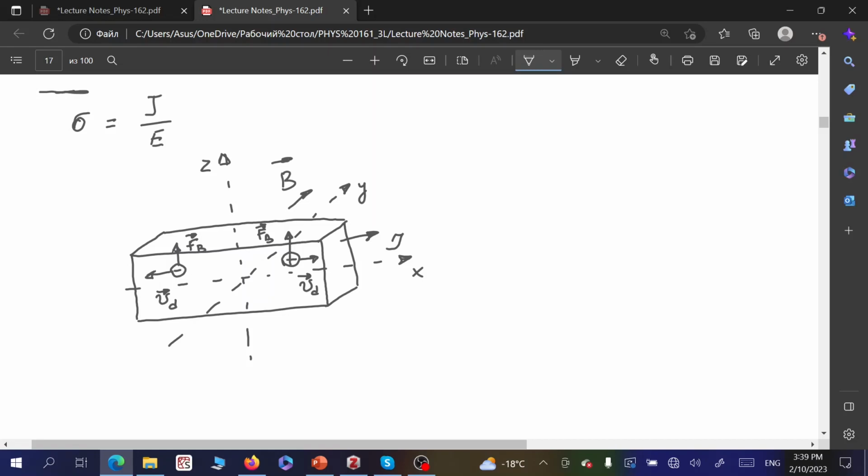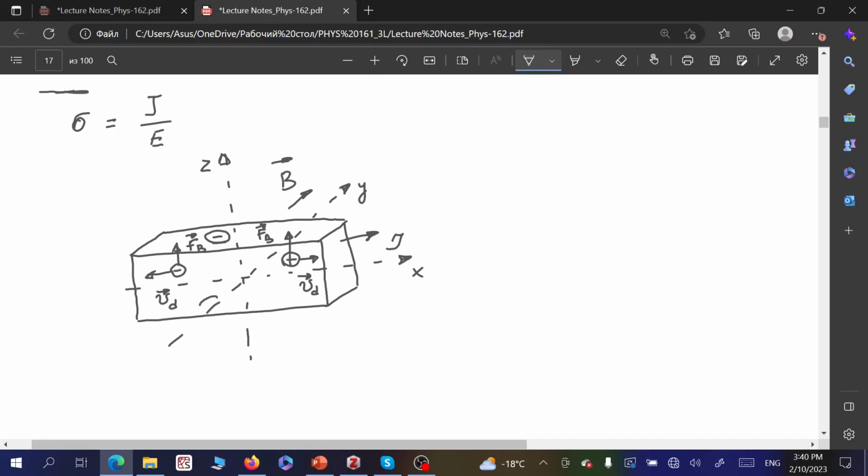So it will be kind of accumulation of negative charges at this edge of the sample. At the same time, since we have electrical neutrality, if we push this cloud of mobile electrons up to the upper edge of the sample, there should be some uncompensated positive charge at the bottom edge of the sample.